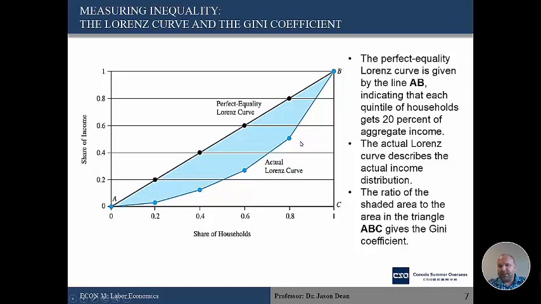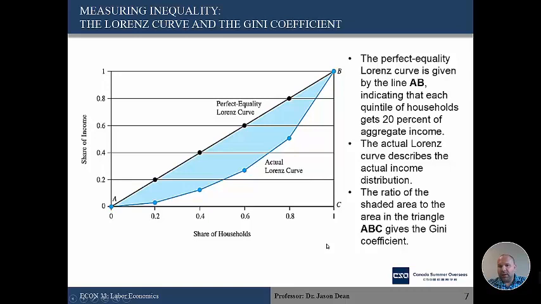And then we can start seeing this is getting steeper. So when we look at the last 20% of people, the share of income goes from roughly 0.5 all the way to 1. So this describes the actual income distribution in the economy.